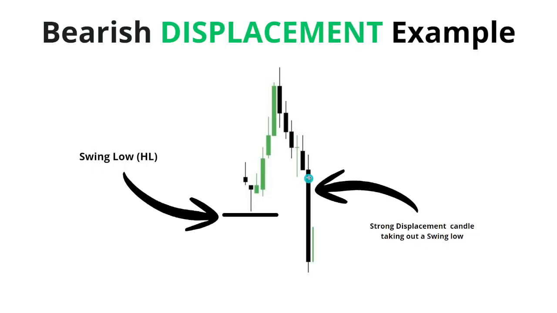This displacement candle not only breaks this swing low, but also this swing low, showing strength from the sellers. It takes out both lows, strong displacement. There was little to no resistance on the way down, showing massive strength from the sell side. This is the exact thing that you would want to see in a displacement if you were bearish for the day.